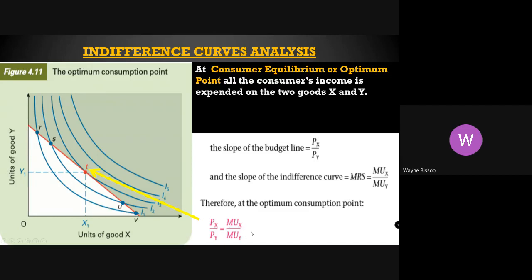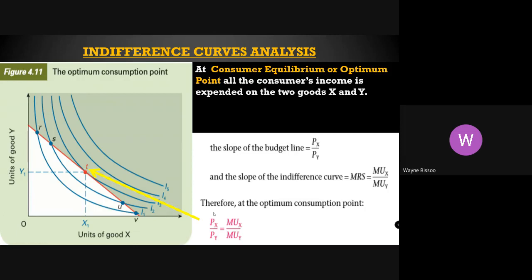Okay, so now it's sounding a little confusing, but each one represents one thing. One is the ratio of prices, the other is the marginal rate of substitution. And once they're equal to each other at the point T, then the consumer is said to be in equilibrium.